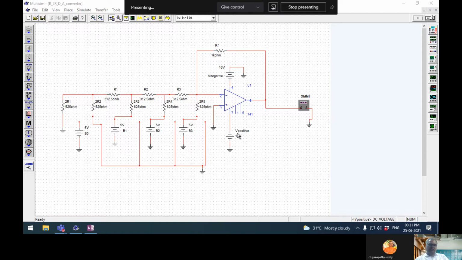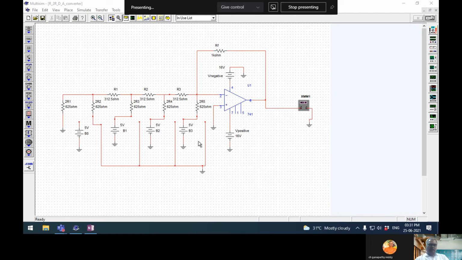So I selected 16. Even if you take 17, the output remains the same. But if you take this power supply as 12, the maximum output will be 12 only. But what is the expected maximum output? 15. So I have taken 1 volt higher than what is needed.